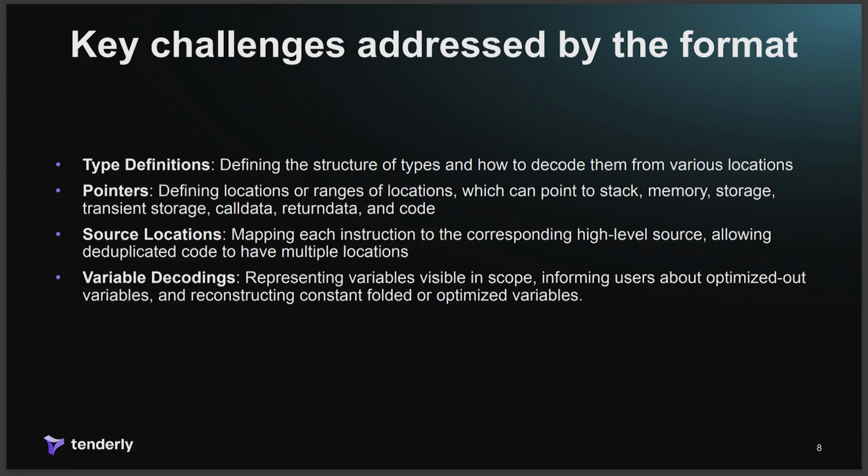So I briefly mentioned the source maps, which we currently leverage to map low-level execution instructions to the high-level programming language. Source locations should be the evolution of that. They should help us correspond with 100% accuracy the low-level code all the way to the high-level programming language.